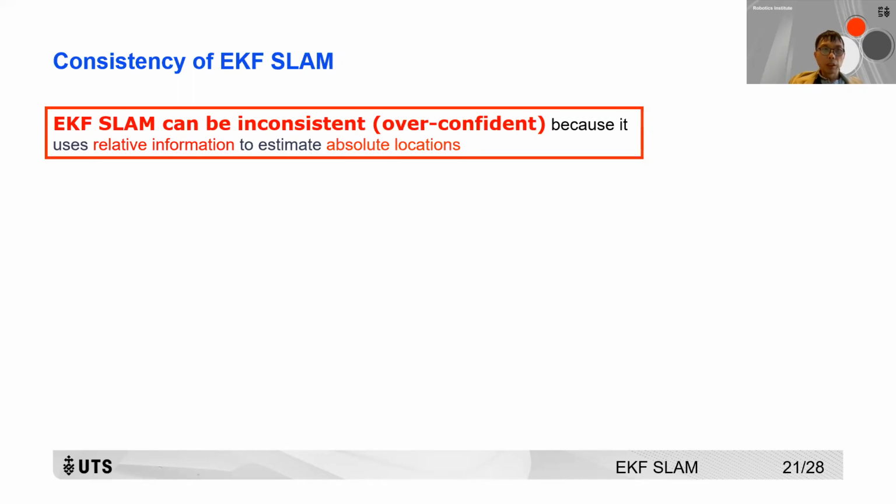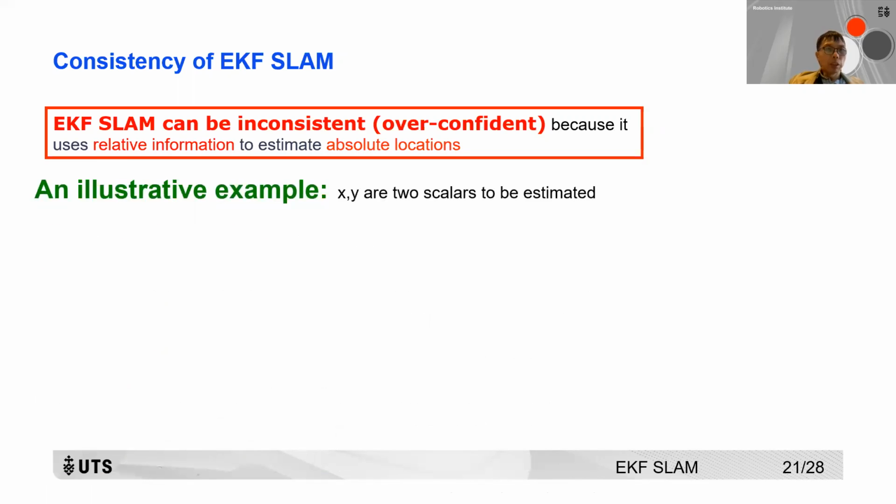All the information in SLAM is relative, but we are trying to estimate the absolute positions. I'll use an illustrative example. Suppose X and Y are two scalars to be estimated, and suppose we can only measure relative information, which is X minus Y.